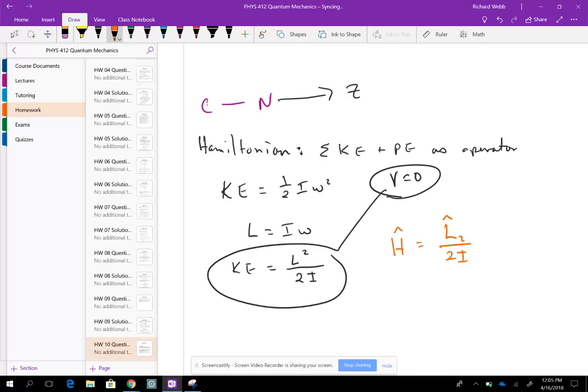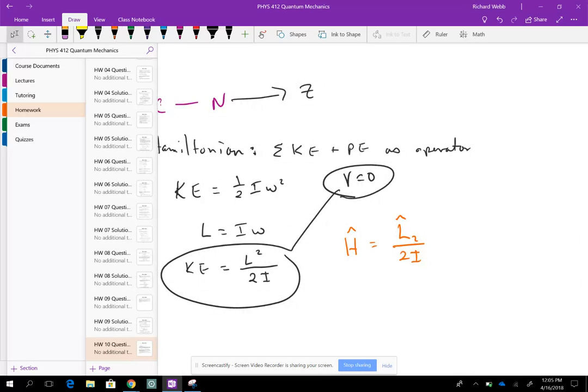I just changed it from L squared to L squared operator. That's why we put it in terms of L. So that's my Hamiltonian. So my solutions, what can you tell me about my solution eigenstates? Did you mean to make that L squared, not L? Yes, I did.